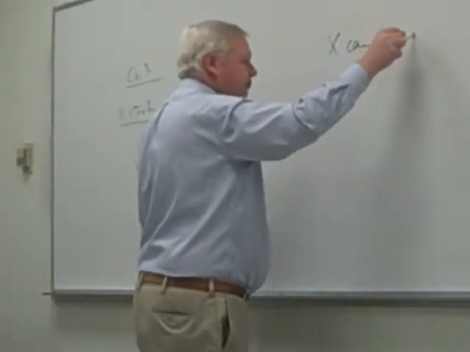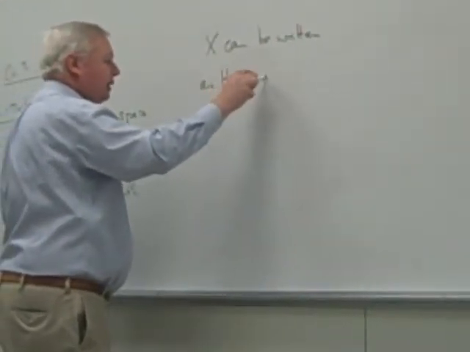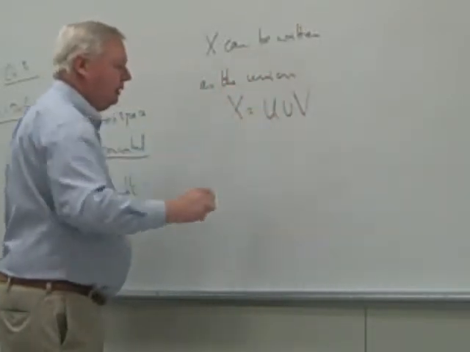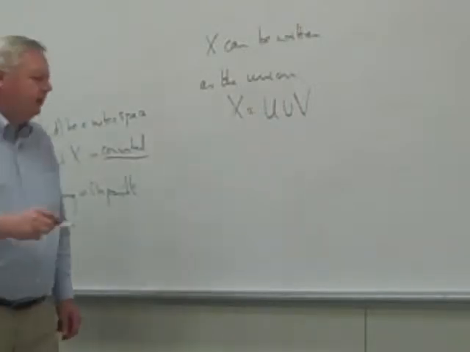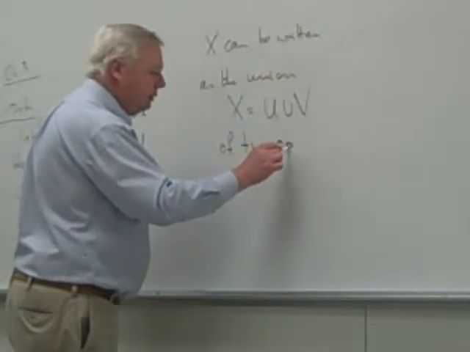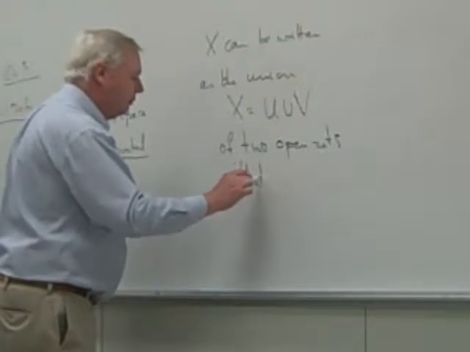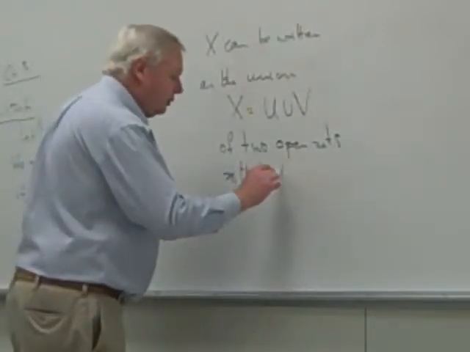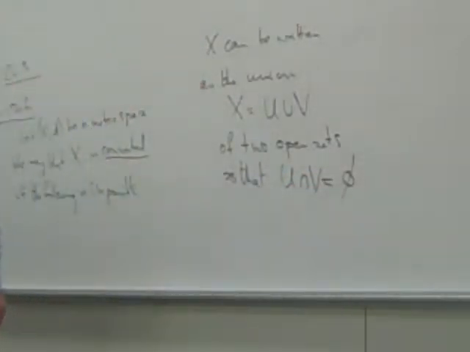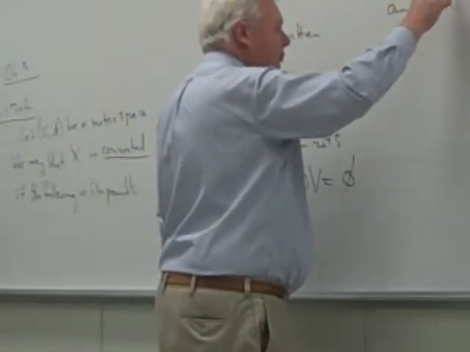X can be written as the union U union V of two open sets so that they are disjoint and both are non-empty.